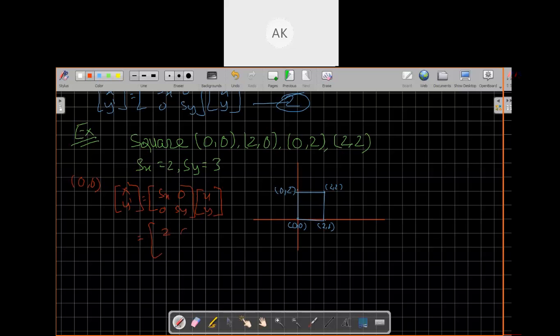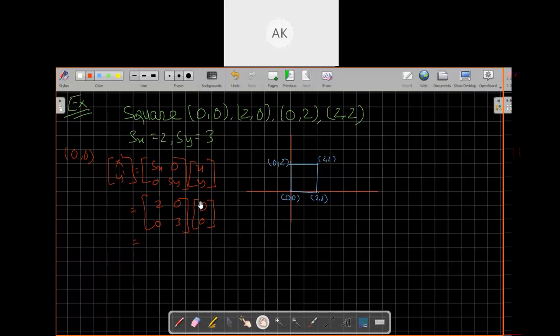This is the point. Okay, so this is our given square. Now we want to scale this square with these scaling parameters.